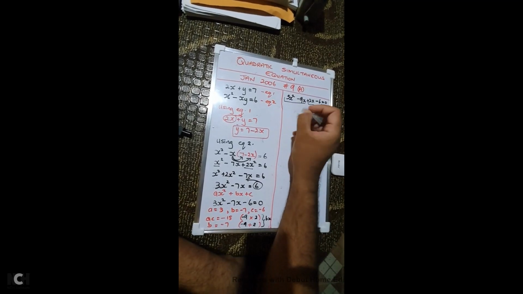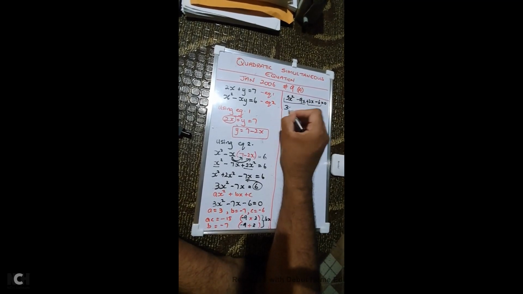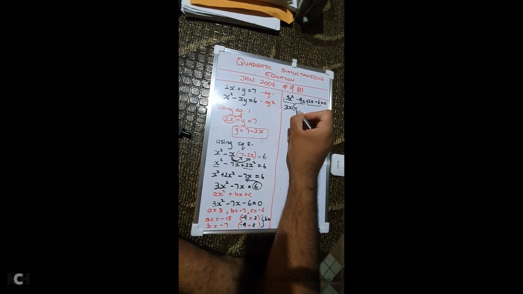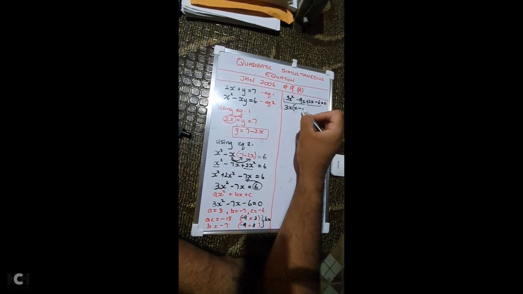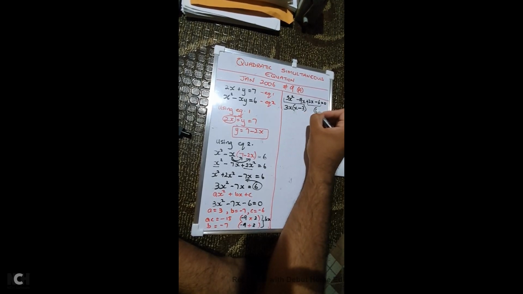So the common factor here is 3, but not just 3, 3x is common. 3x by what will give us 3x squared? 3x by x will give us 3x squared. Minus 3x by what will give us negative 9? This will be negative 3. And remember what you have here, you slap it on here.